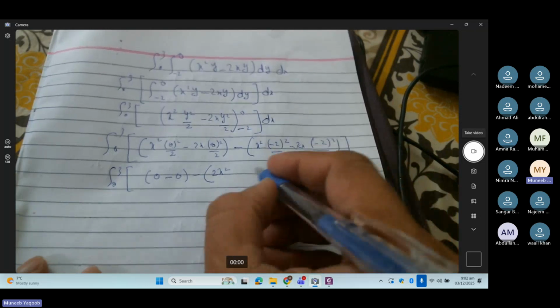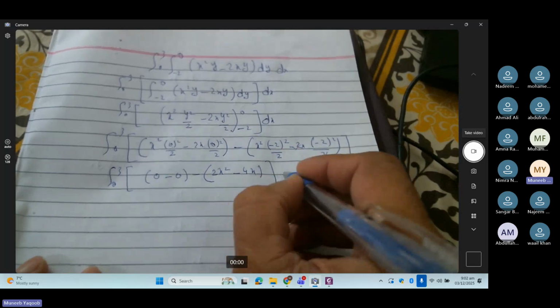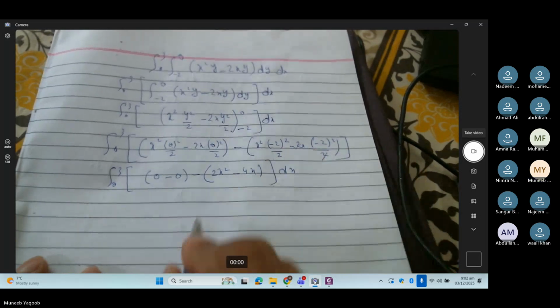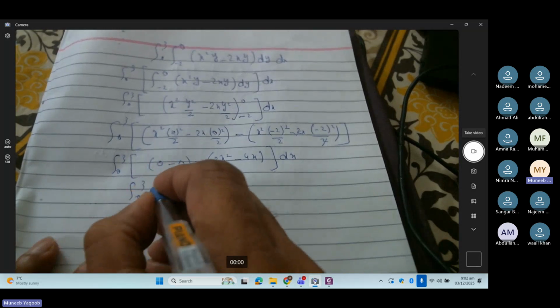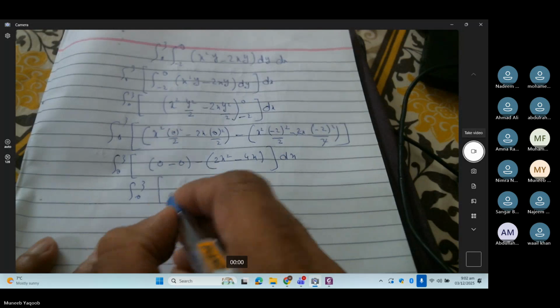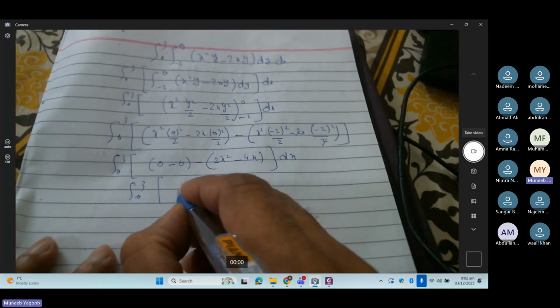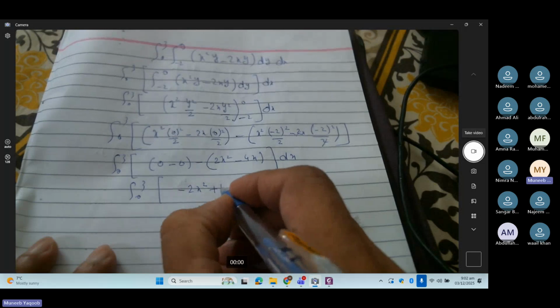So 4 into minus, it is minus 4x. Now integral 0 to 3. 0 minus 0 is 0. And it will become minus 2x square plus 4x.